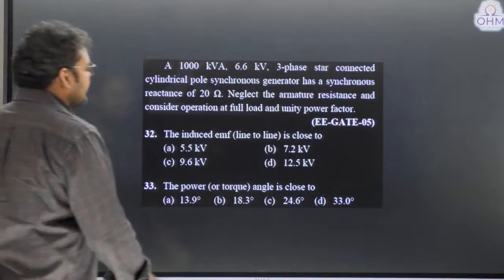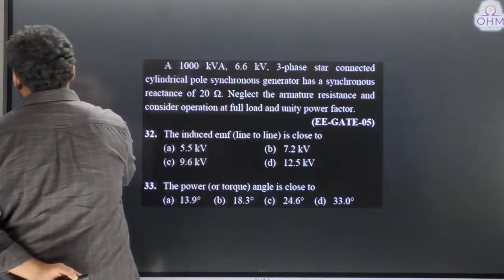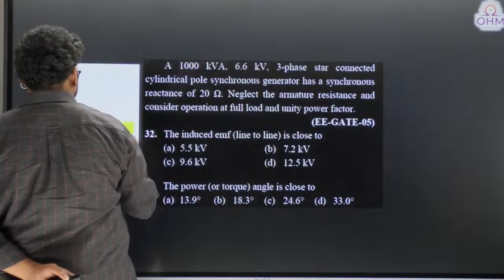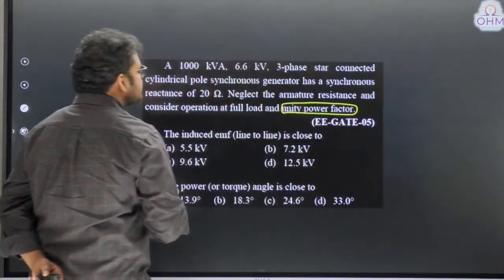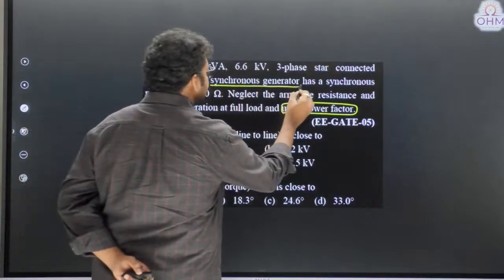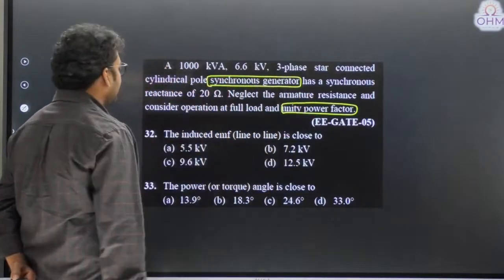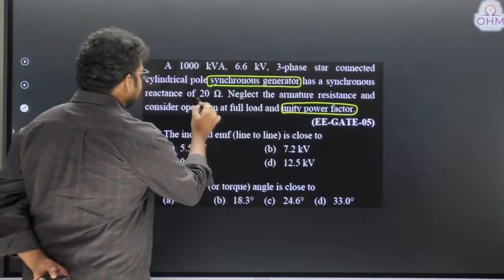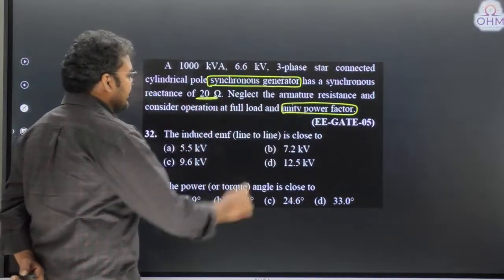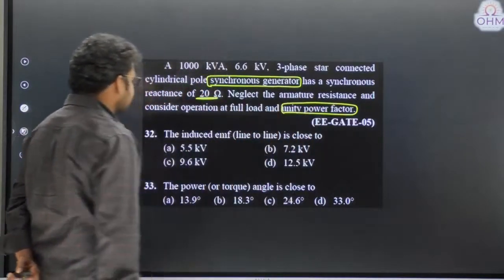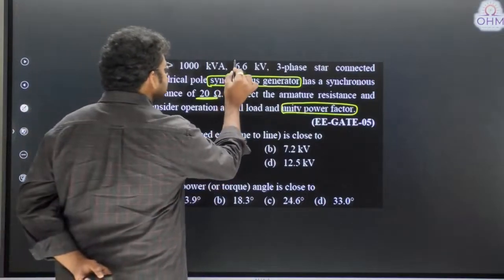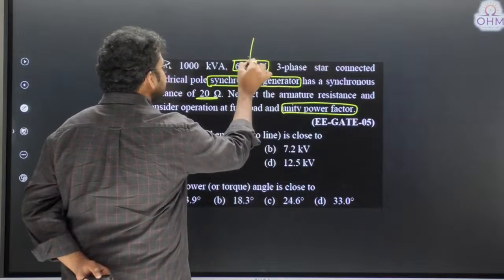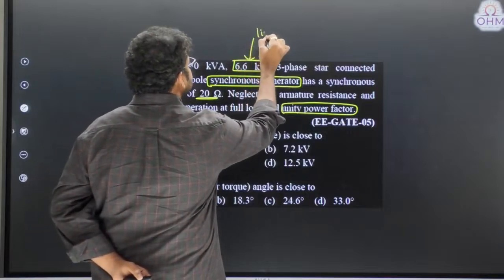Why? Because a unity power factor is given. Next important information, it is a synchronous generator. Synchronous reactance was given, Xs value was given. Neglect armature resistance, that was clearly mentioned. And this 6.6 kV by default is the line voltage.